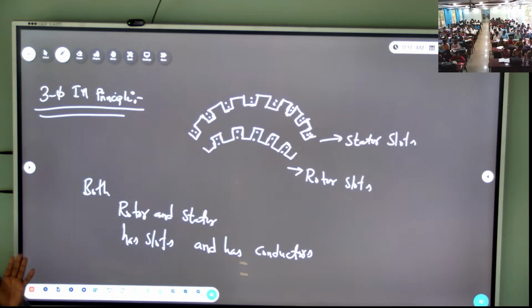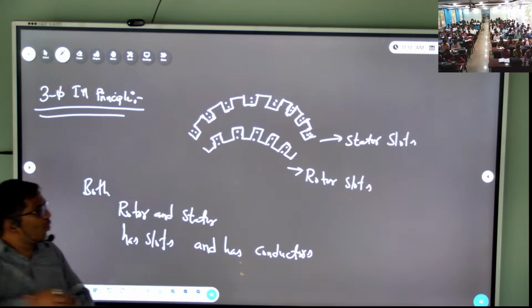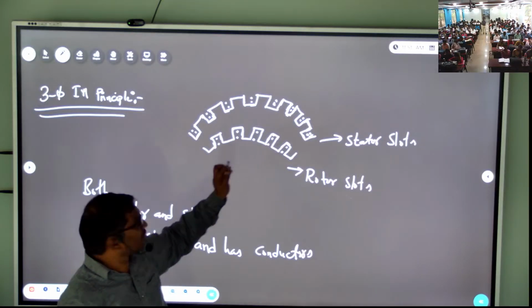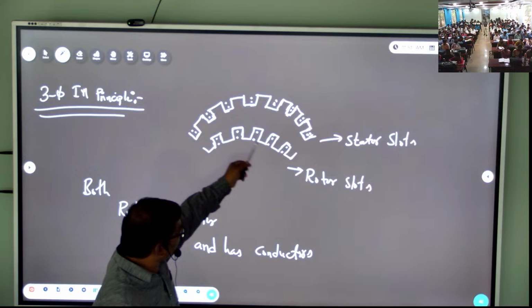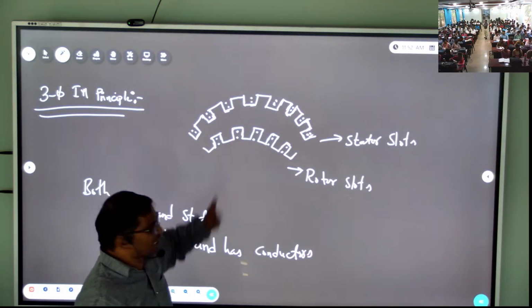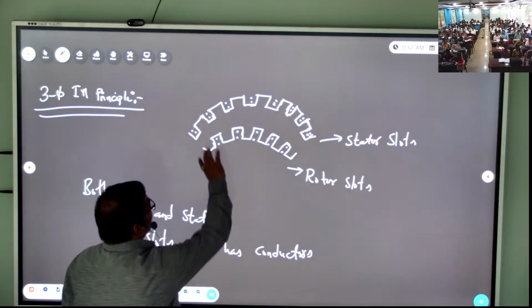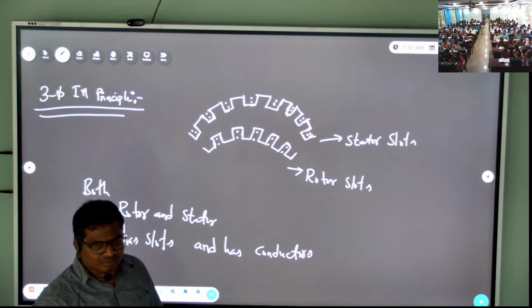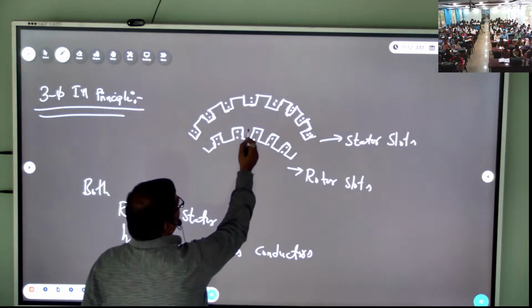The stationary part of the induction motor is called the stator. The rotating part of the induction motor is called the rotor. Here both have the same slots, where we will keep the conductors.